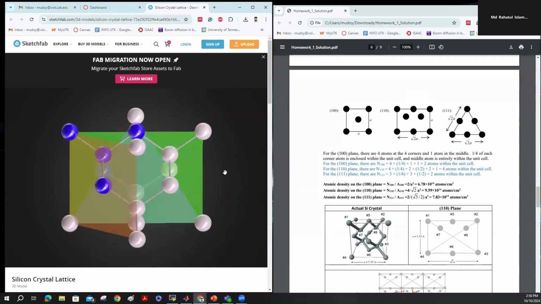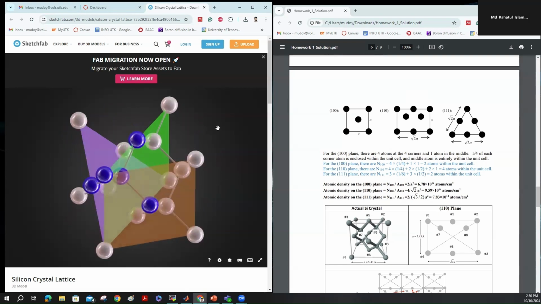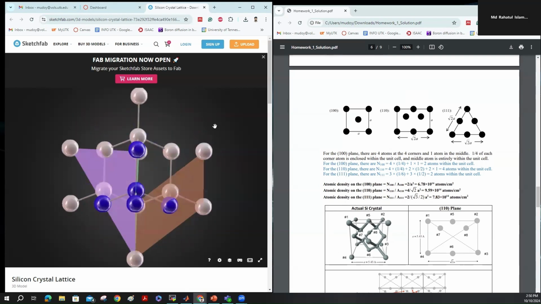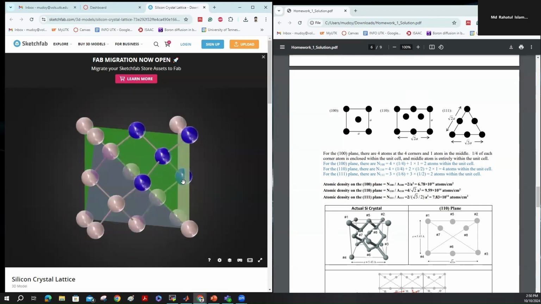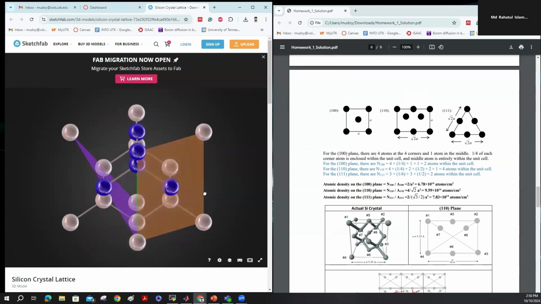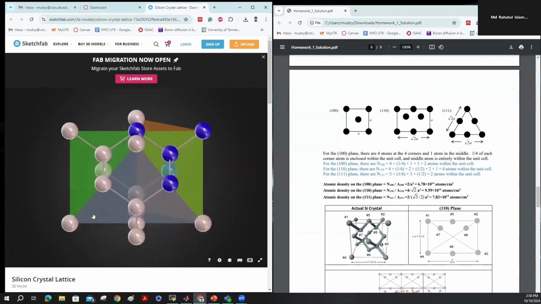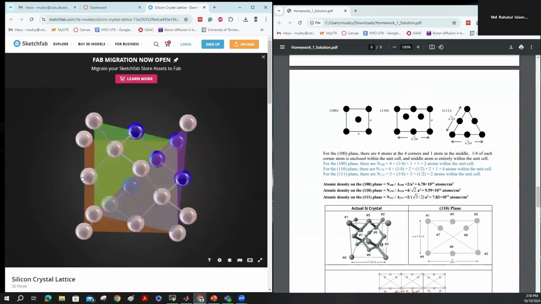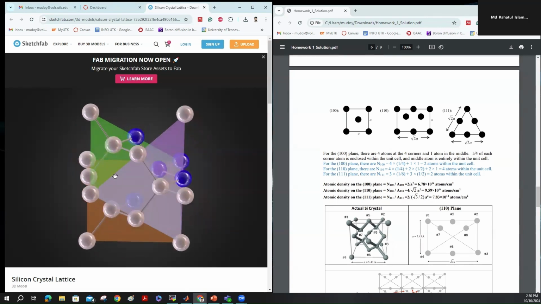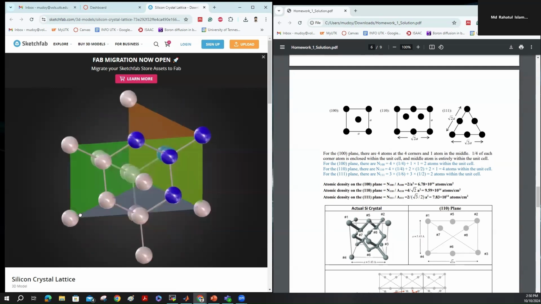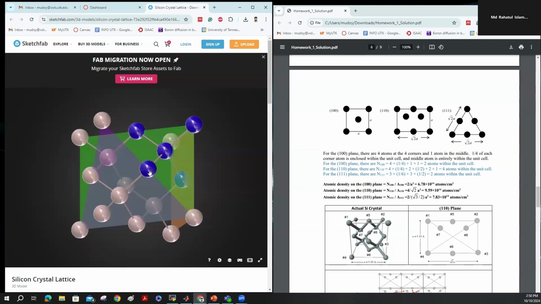And now let's move to the last plane, which is the 111 plane. As you can see, the violet or purple color plane is the 111 plane. We have one atom right here and another one right here and one right here. These three atoms are also on the middle of the sides of this triangle.